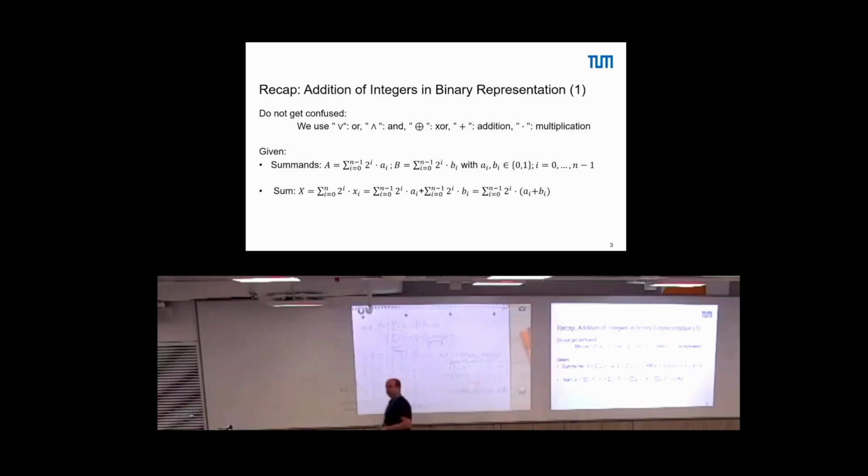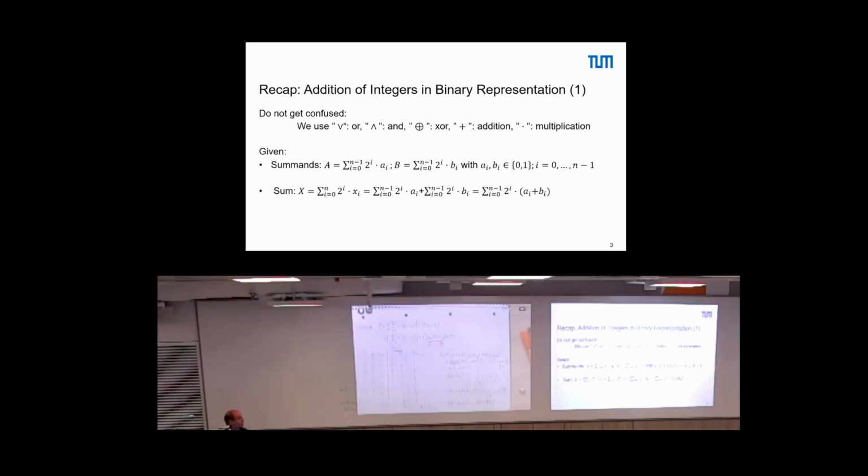Just straightforward logic transform. Well, this here effectively is an XOR, right? So we can write this as AI and BI, or CI minus 1 and AI XOR BI.